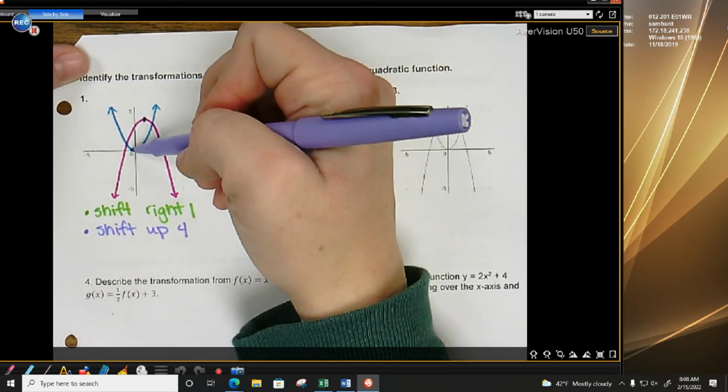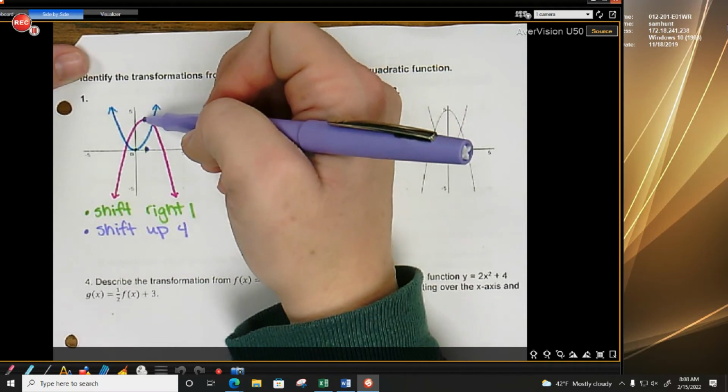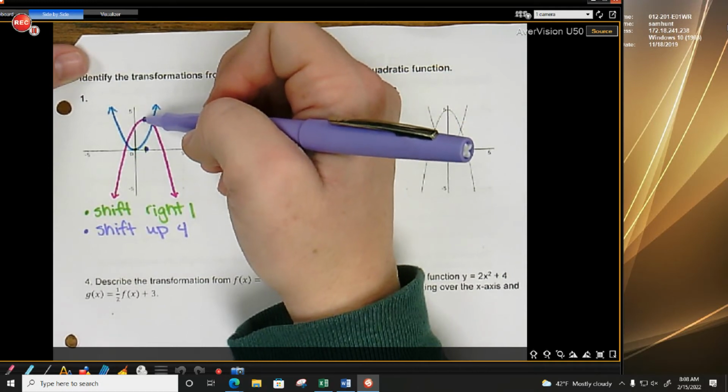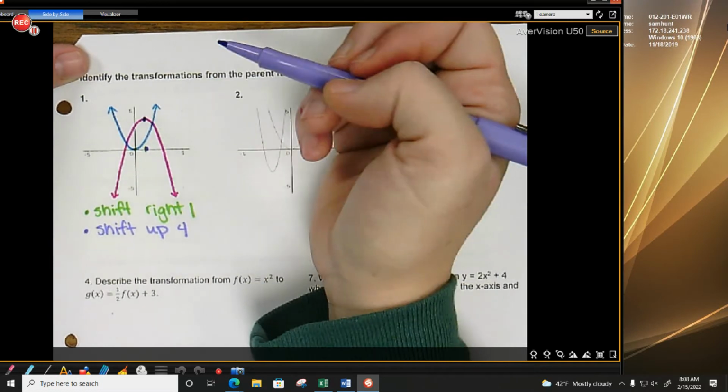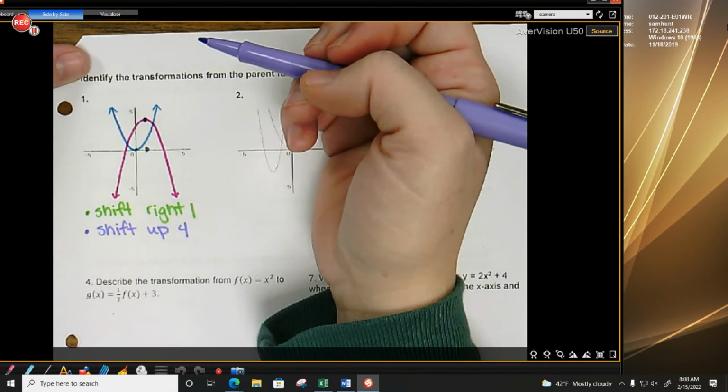Okay? But what's another big difference I noticed between these 2 graphs? It flipped. Again, we don't use the word flip though. Reflect over the x-axis.